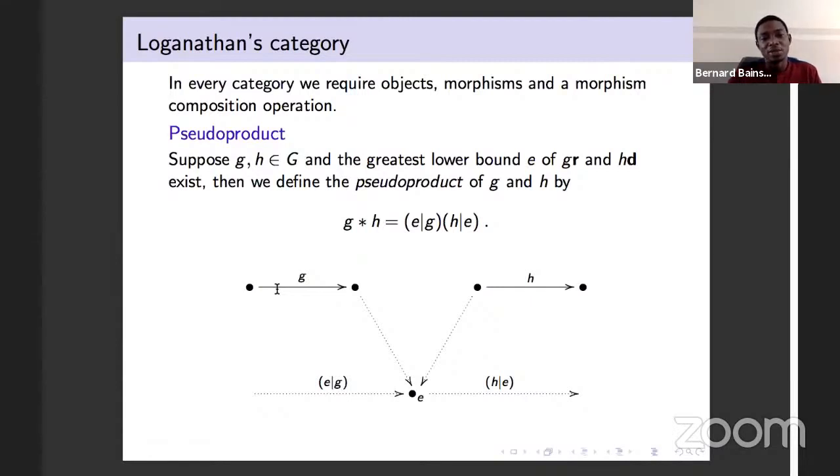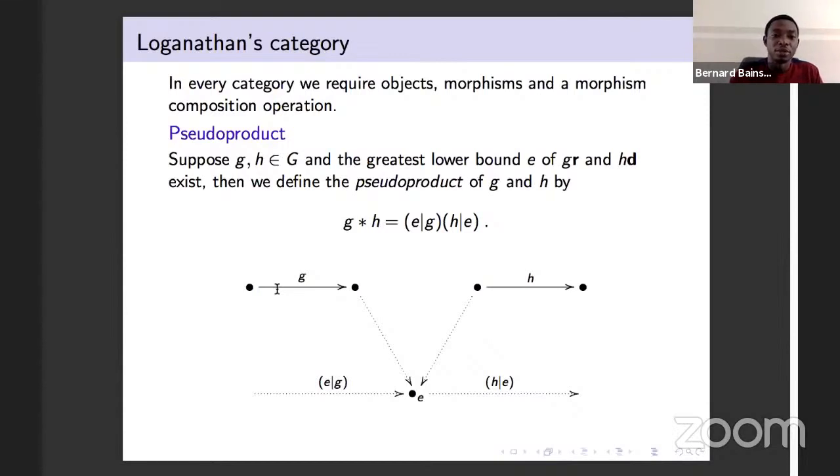So he built a category out of the inverse semigroups and then used the cohomology of categories to describe the extension. So what we want to do is to mimic that situation and build a category out of our ordered groupoid and then use the notion of cohomology of categories to also describe the extensions of ordered groupoids.